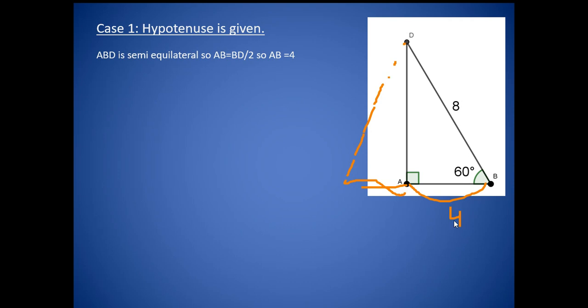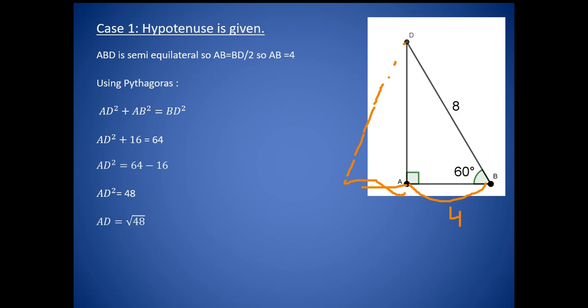Now I have two sides, 8 and 4, so it's easy to find the third side by using Pythagoras. AD squared plus AB squared equals BD squared, and then I replace by the given and take 16 to the other side. Please, you need to study it very well and review it, and if you have any question, you can ask me. Then I will have AD squared is 48. It means AD is radical 48.